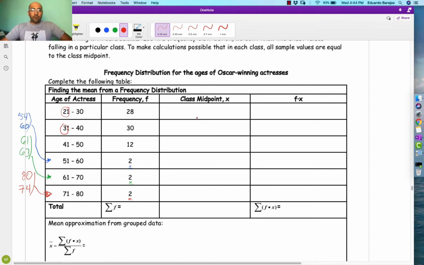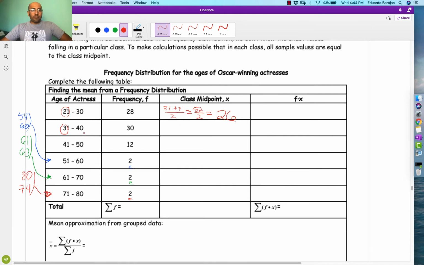So to get this first midpoint value here, we're going to take 21 plus 31 and divide by 2. So that'll be equal to 52 divided by 2, which is 26. So the midpoint value of that first one is 26.